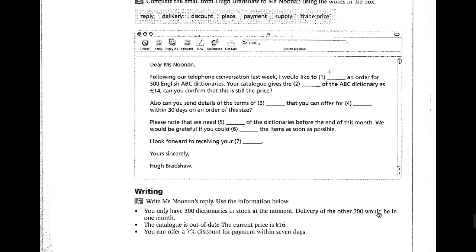Delivery of the other 200 would be in 1 month. The catalog is out of date. The current price is €16. You can offer 7% discount for payment within 7 days. So this again is going to be a homework for you, which you are going to send to my website.